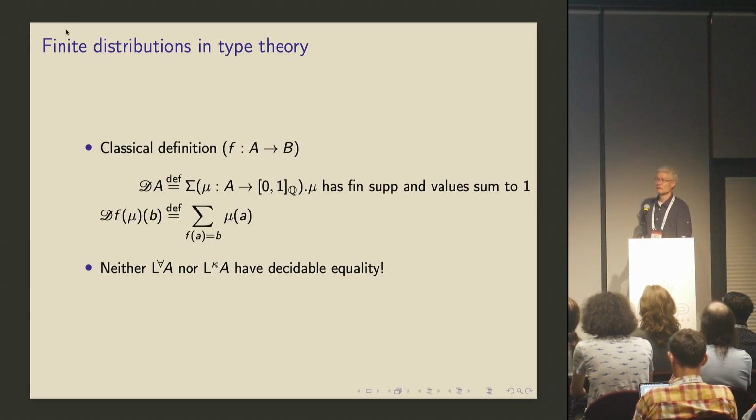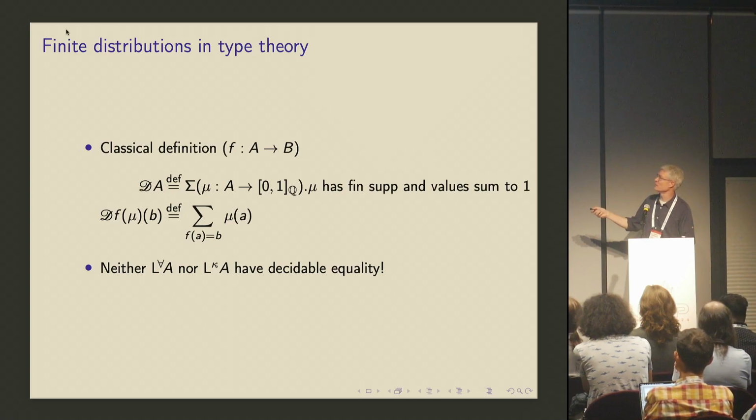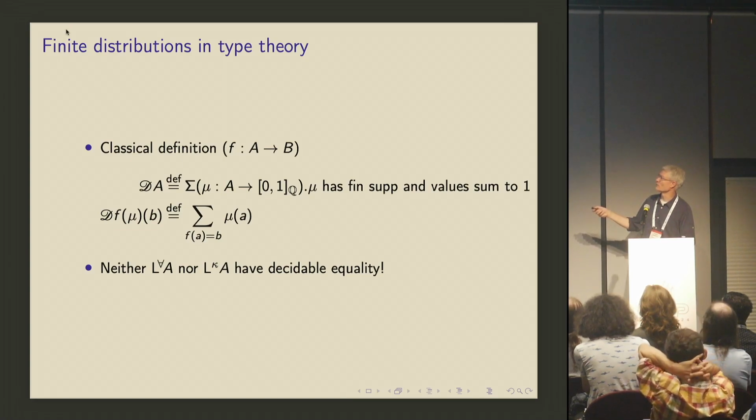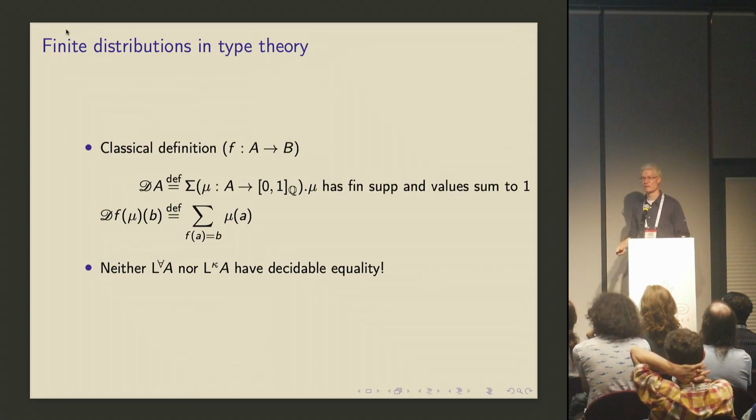Okay? And then if you want to define its functorial action, if f is a function from A to B, mu is a distribution on A's and b is an element in capital B, the value of this should be a real number: you look at all the A's that map to b and you sum up the probability of these.